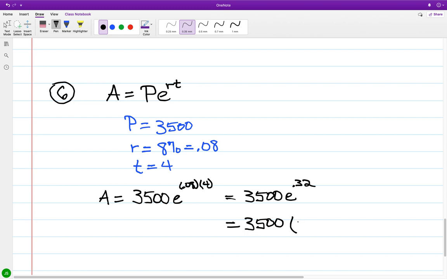So E to the 0.32 degree is right at 1.377, keeping all the decimals, and multiplying by 3,500. So we are looking at $4,819.95.